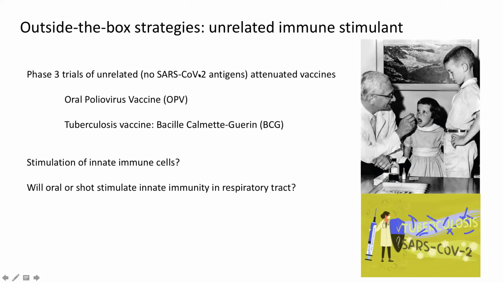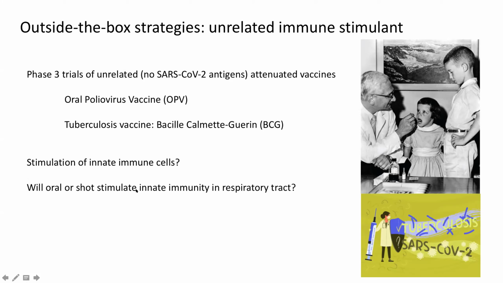The two that are being tested are currently in phase 3 trials because they're already approved vaccines. One is against poliovirus, the oral polio vaccine, and one is against tuberculosis, the BCG vaccine. This one is given orally, this one by a shot, but they're both attenuated vaccines.